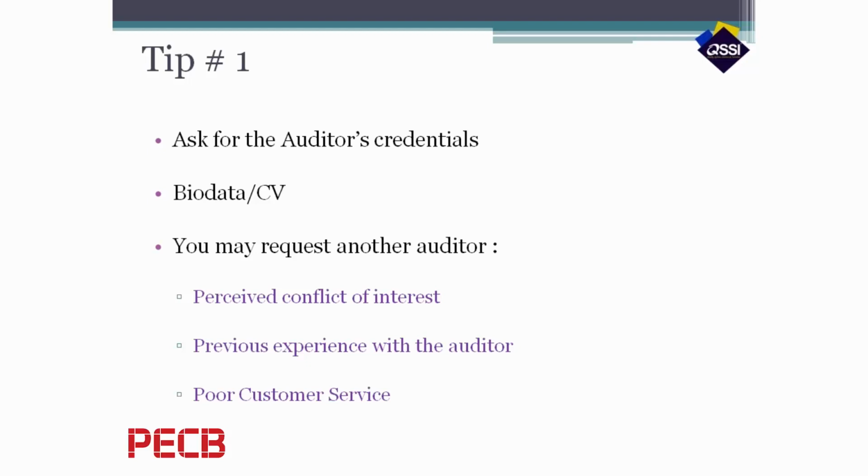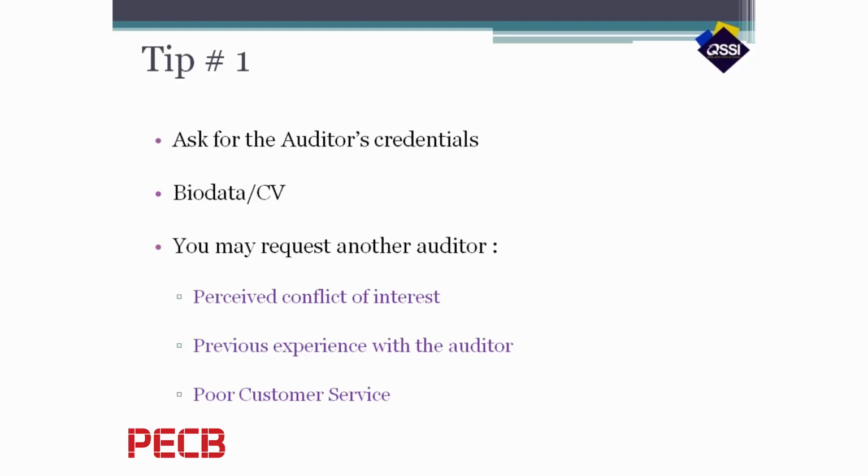I've had a situation where I had a client who had some perception that there would have been some bias, and we spoke to the certification body about that, but the certification body basically said, no, I'm going to send this auditor, and they stuck to their guns.